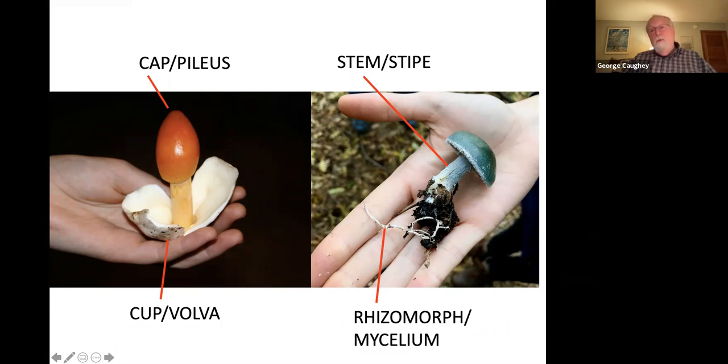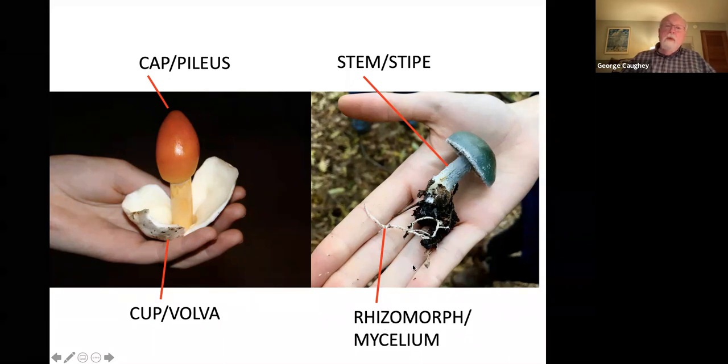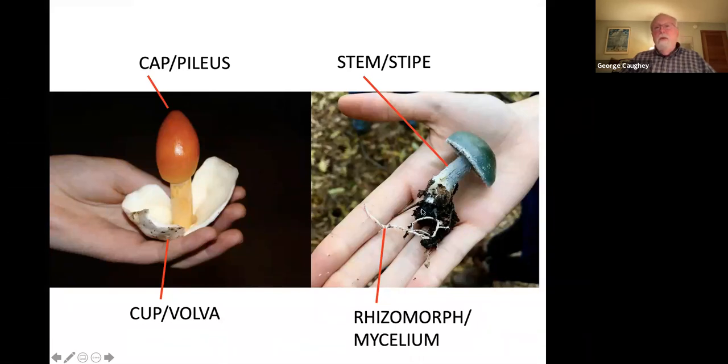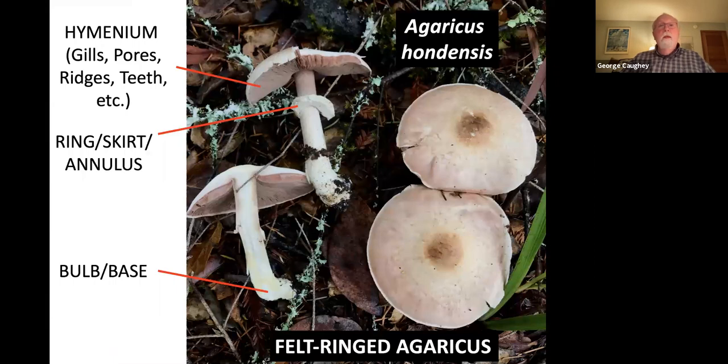They're not roots, they're like roots. Rhizo means root, of course, so they look like roots. They're really thickened areas of the mycelium. And sometimes you see the mycelium itself, which are very fine hairs coming off the bottom, and you recognize what the color is.